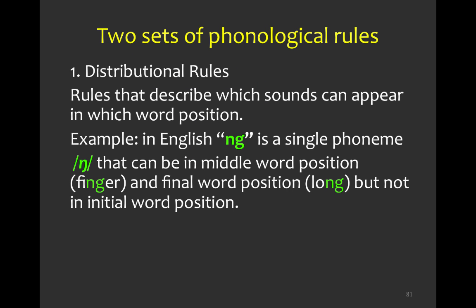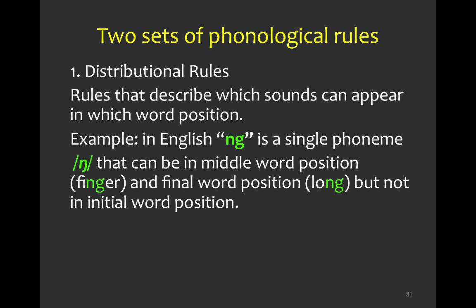There are 2 sets of phonological rules we'll describe: distributional rules and sequencing rules. Let's look first at distributional rules. These rules describe which sounds can appear in which word position.